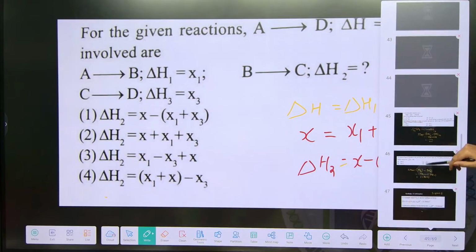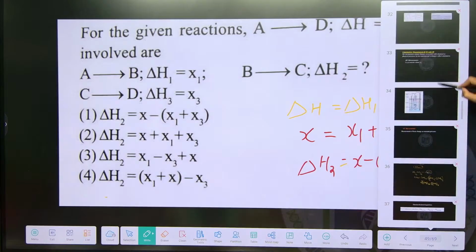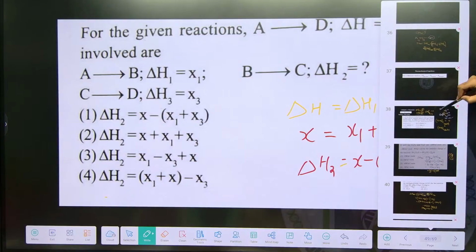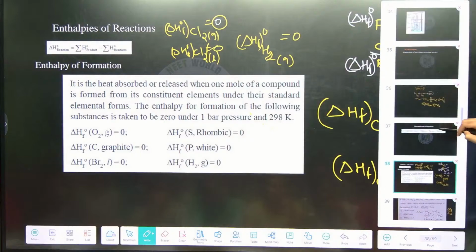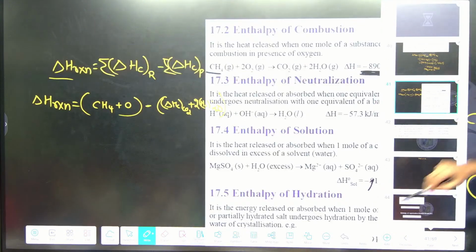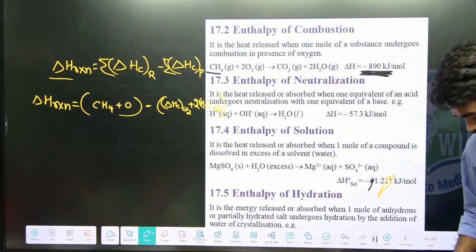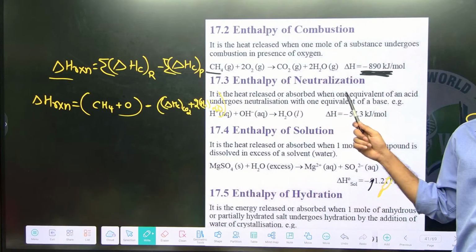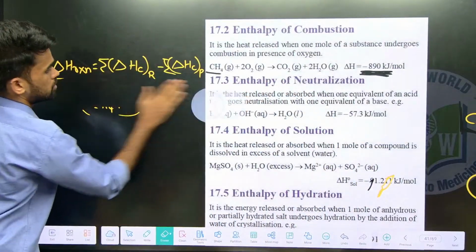Okay. So similar to this, we have heat of formation over, heat of combustion over, heat of sublimation also over. Next, heat of neutralization, or enthalpy of neutralization. So what do we mean by enthalpy of neutralization?